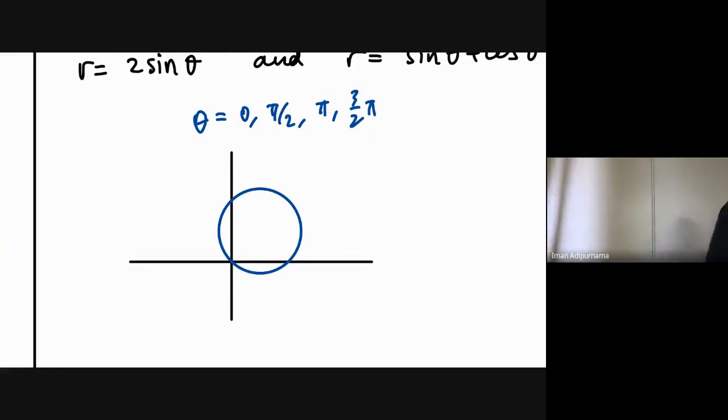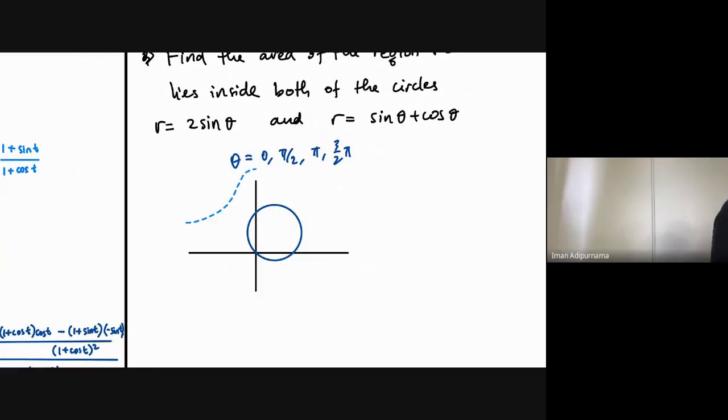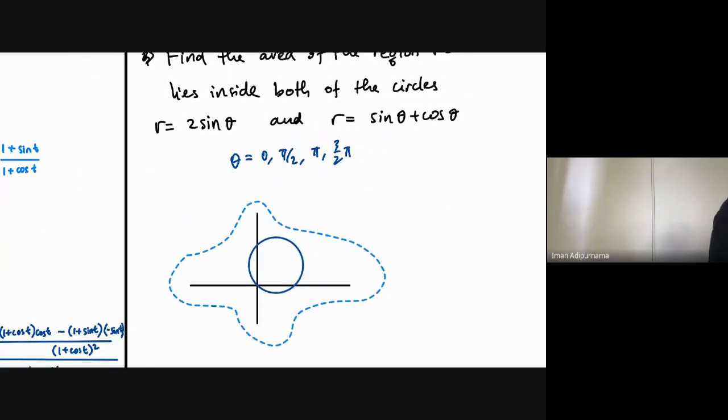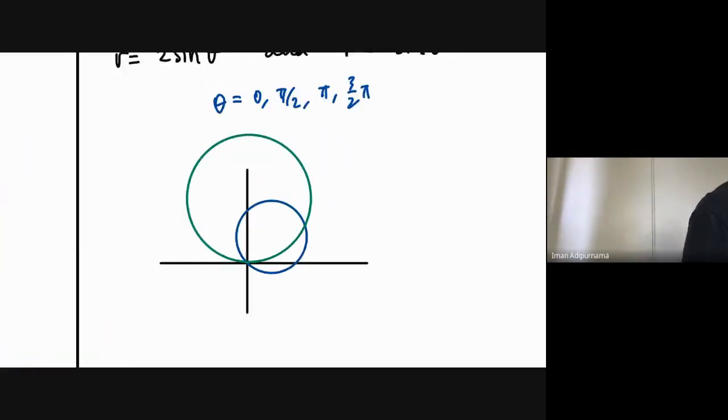So twice the circle, but the position is here for 2 sine theta, right? Let me move a little bit down, going here. Okay, I think already good.